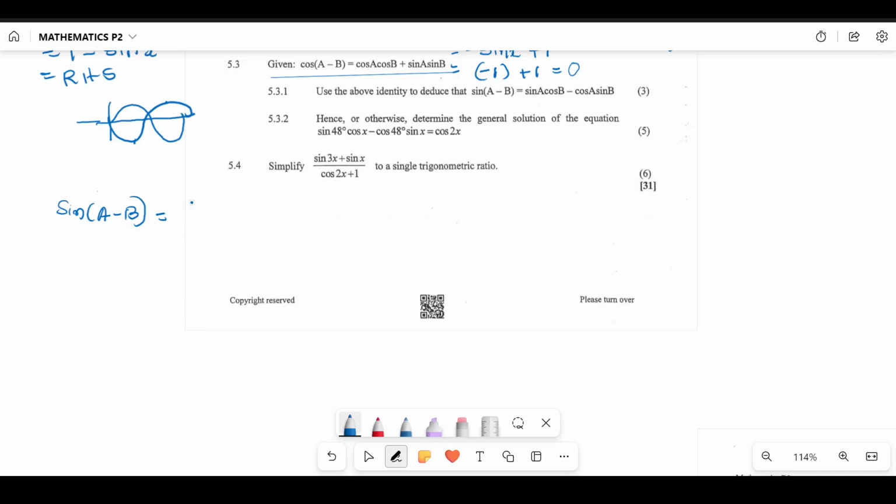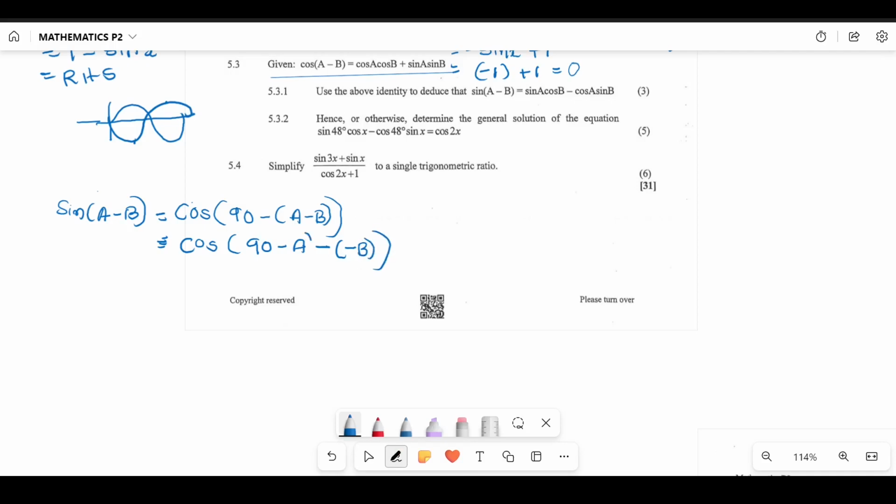So first step is to change the sin to cos. So sin(a minus b) is actually cos(90 minus (a minus b)). That's how we can change the sin to cos. But still, it must be changed to this one. So let us expand first. Cos(90 minus a, it should be a minus b, so I'm going to write it minus minus b).